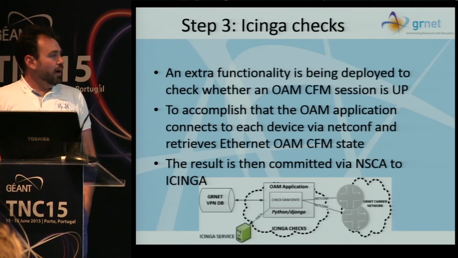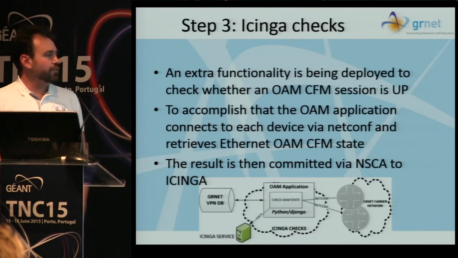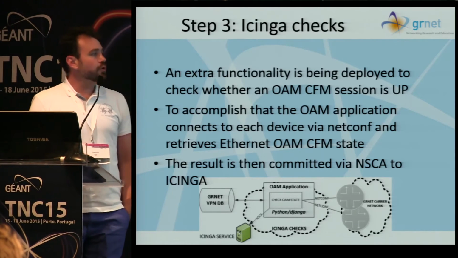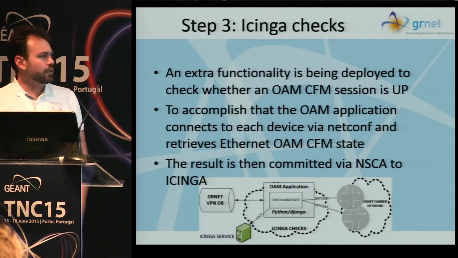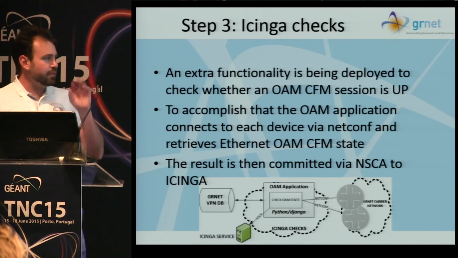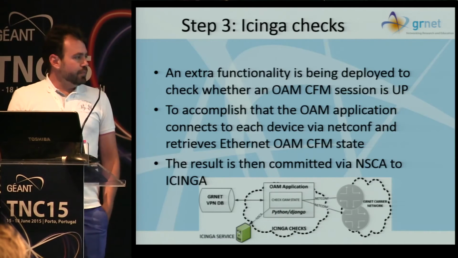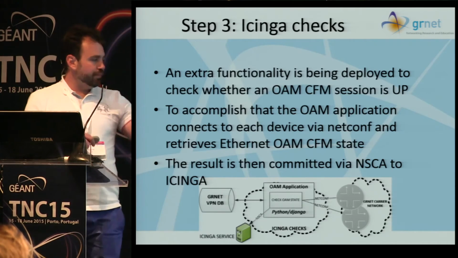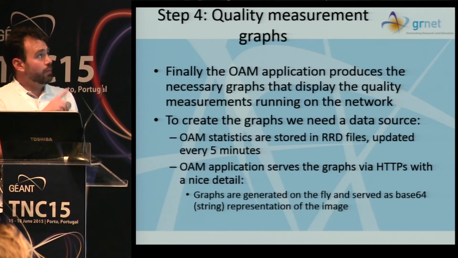And at the same time, it pushes the results to Icinga, using a protocol called a Nagios system check, something like that. So whenever a new alarm is identified by the application, it's pushed to Icinga, and Icinga has a nice view, which I will show you later on, in order to report a problem.